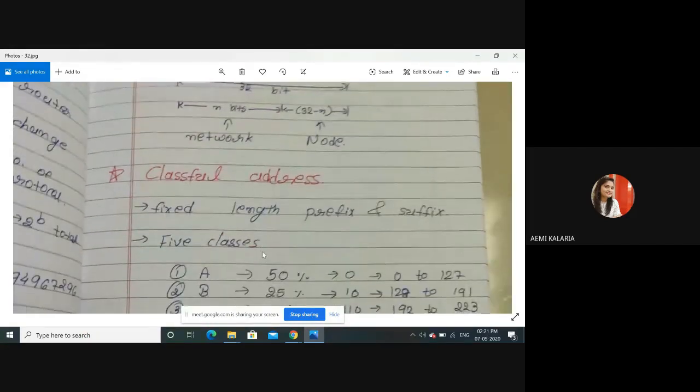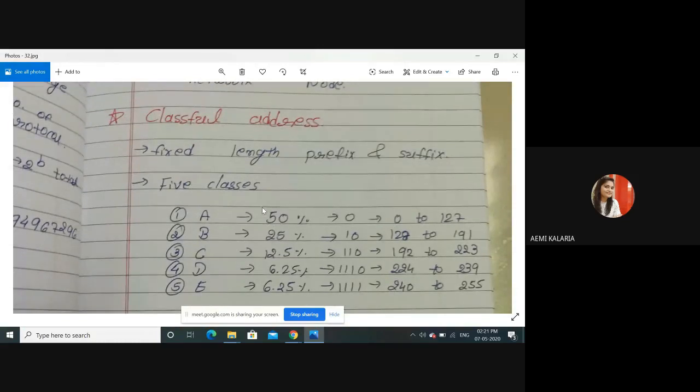Now, classful addressing: whenever we are dealing with IPv4, IPv6, anything, classful address means our full address is divided into five classes: A, B, C, D, E. Classful, as the name suggests, divides our network into different classes. And classless means we are simply assigning; in the next class I'll also discuss what a classless address is.